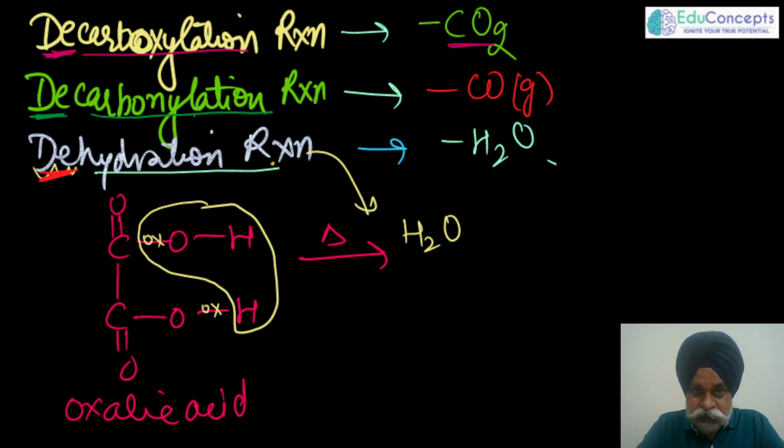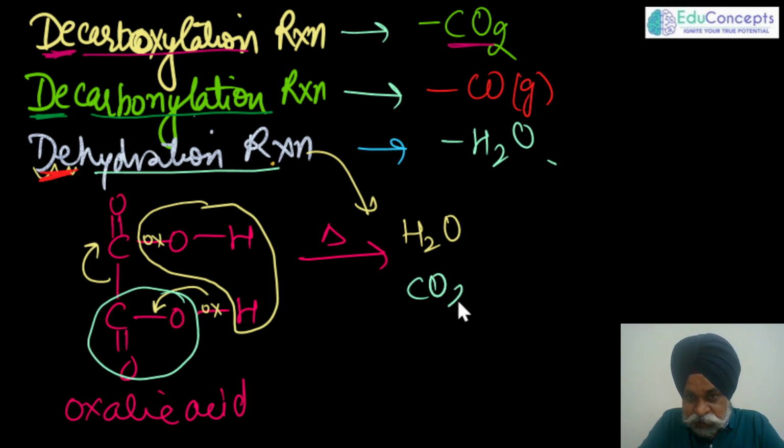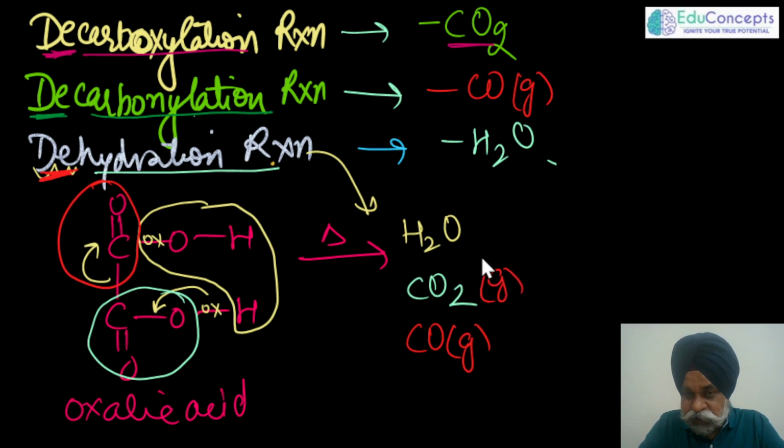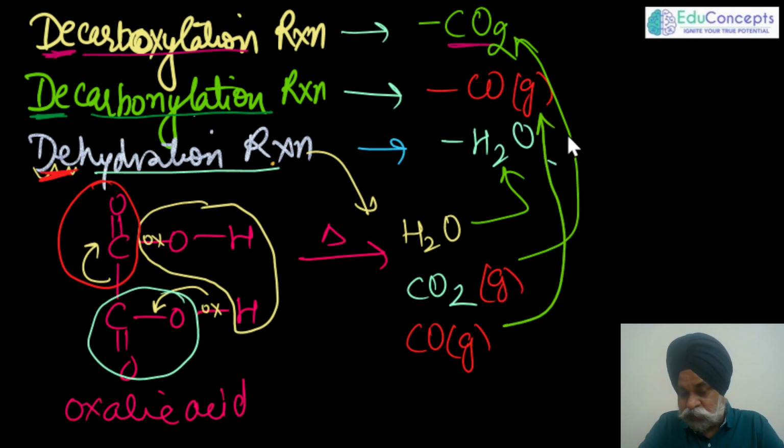Along with that, if you bring these electrons to this side, and those this way, you see the formation of carbon dioxide. Along with that, you also see the formation of a molecule of carbon monoxide. So this reaction has involved decarboxylation, decarbonylation, as well as dehydration.